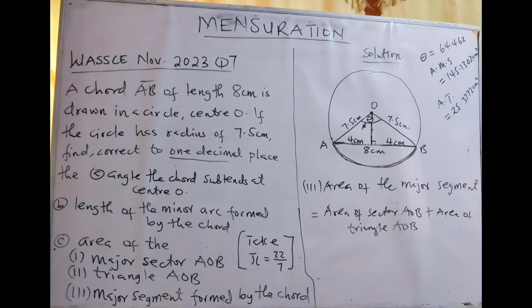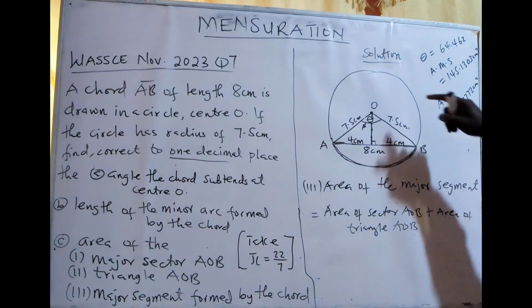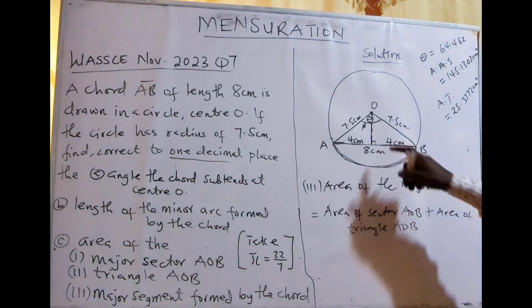All right. So the area of the major segment is the area of this sector AOB, plus the area of this particular triangle AOB.